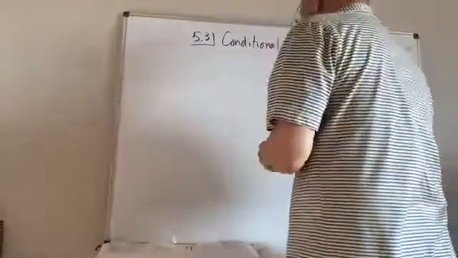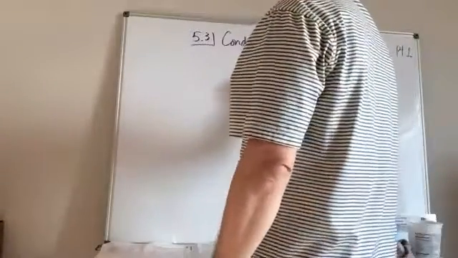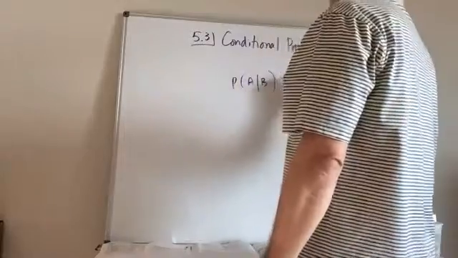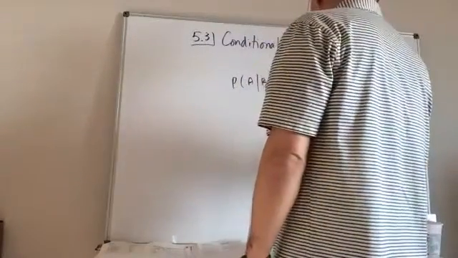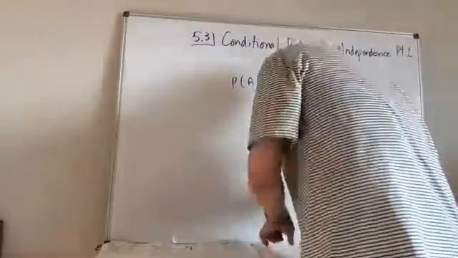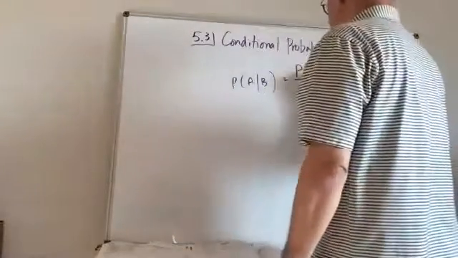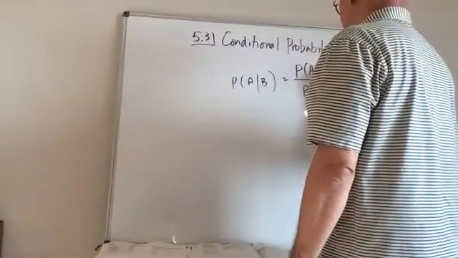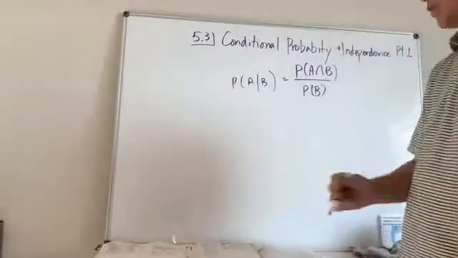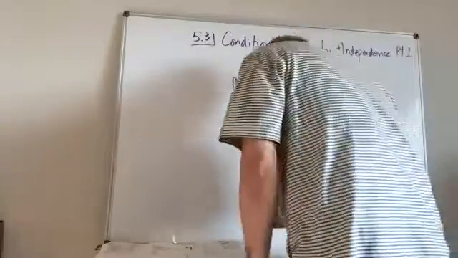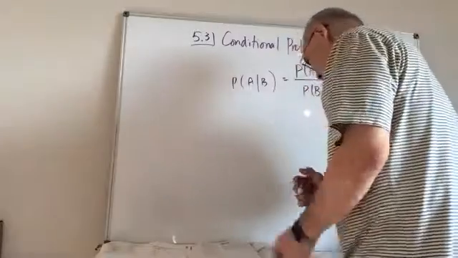P of A given B is the same as P of A and B over P of B. Okay, so this is a general equation, something you need to know.